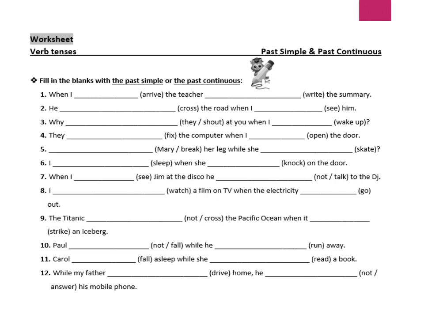Let's begin with the first example. When I dash, the verb arrive is already given, and the verb write is already given to you. When I arrived, the teacher dash the summary. There should be one place where you put the continuous form of write, or the continuous form of arrive, or it may be the past indefinite form of arrive, or of write.